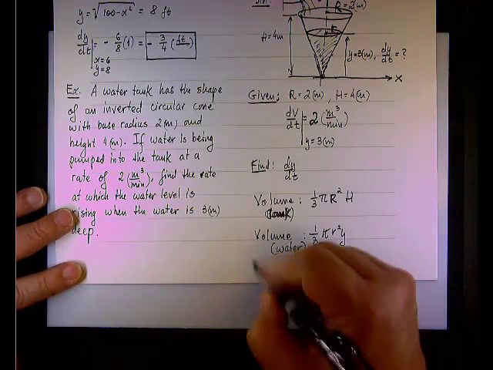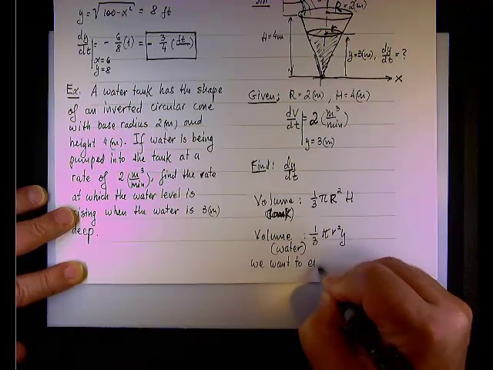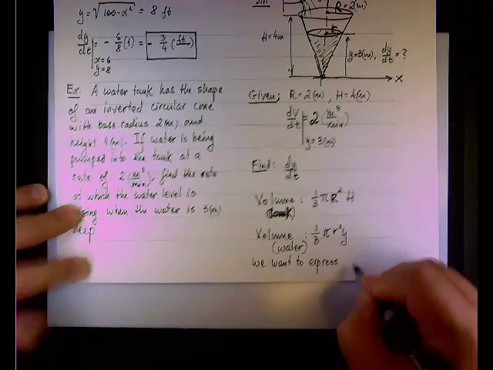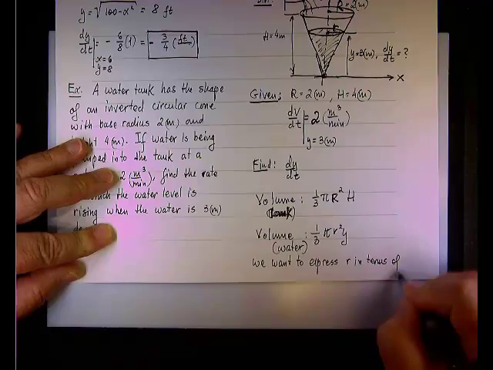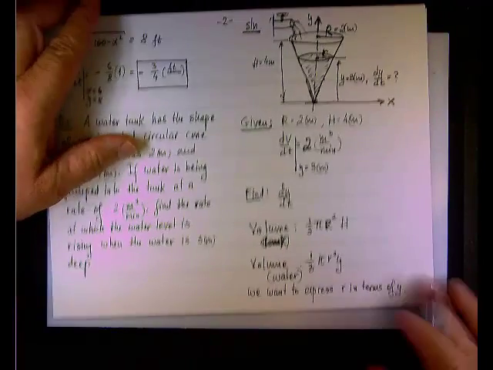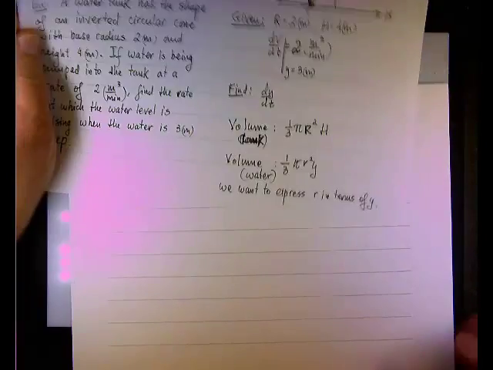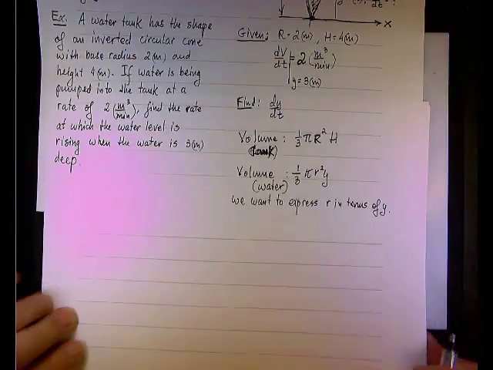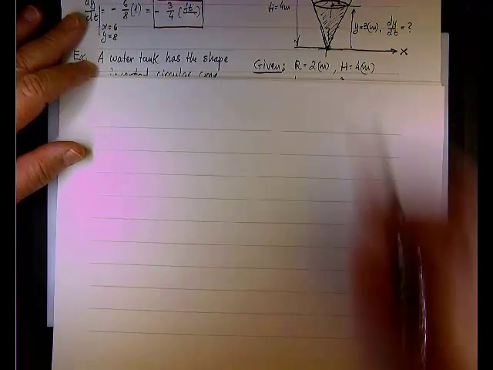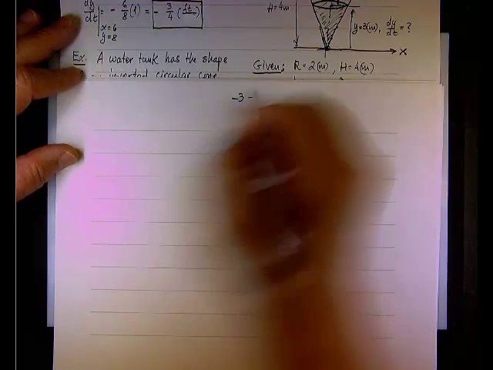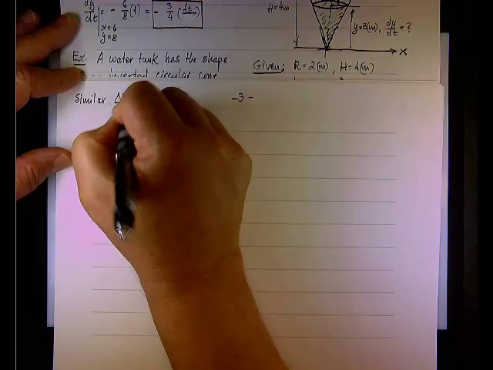Okay, so we want to express r in terms of y. So how do we go about it? Well, we go about it by setting up a similar triangle scenario. If you look at the top of the page, we have similar triangles.